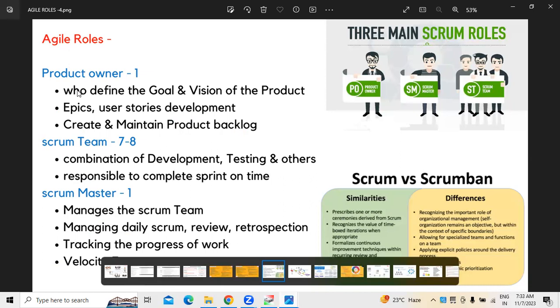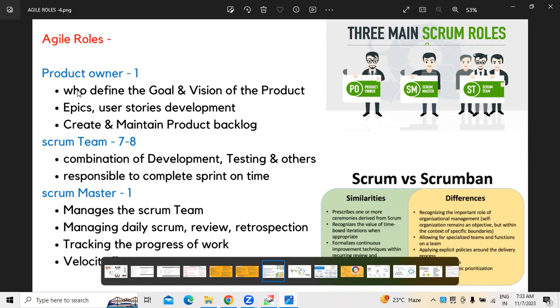You should have, I don't use the word ability, but you should have an intention that you are an owner of the product. Whatever product you are about to develop, you own the product, right? So you need to understand the goal and vision of the product. You are the one who is going to lead this product to the next level. You are acting as a representative of a customer on their behalf.